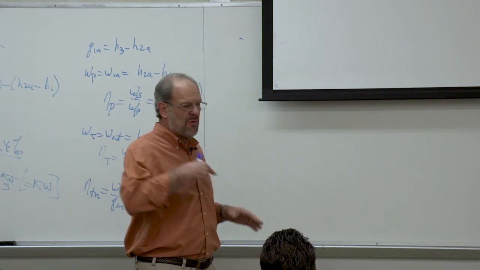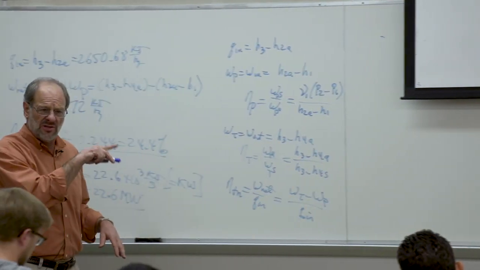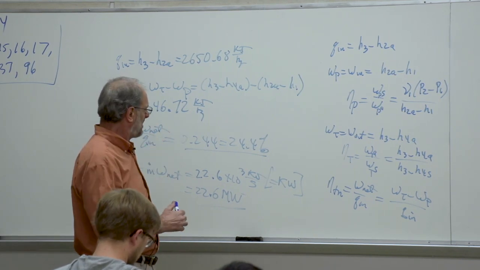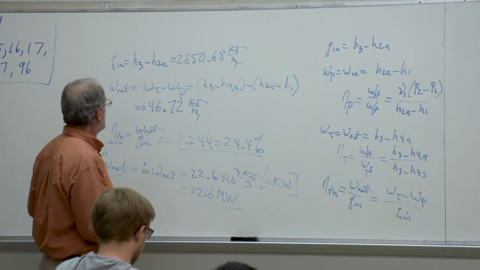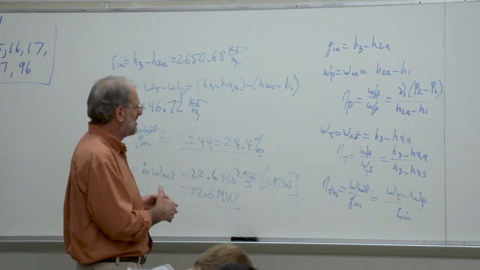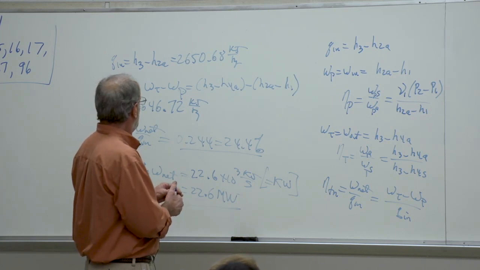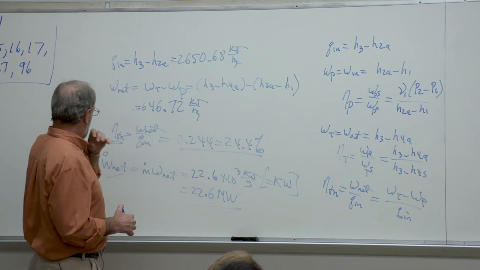In fact, before I even get into that anymore, I just realized I didn't put the TS diagram on the board for this last example problem. I think that it's not going to be a problem. If you just look at the previous diagram, it looks essentially the same. The only thing we don't know for sure is where state point 4 is.